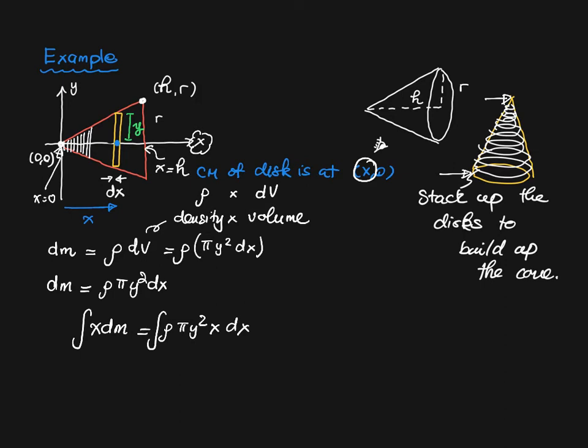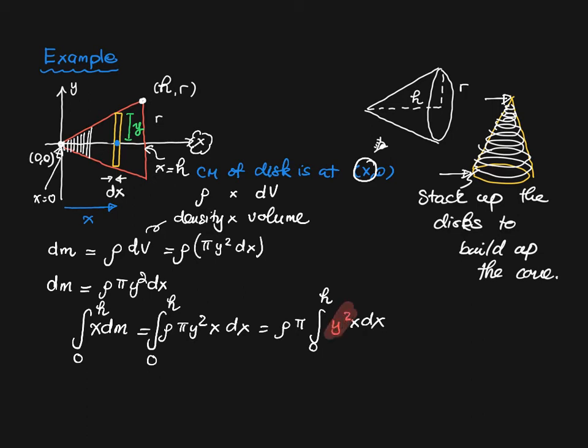So we are going to integrate this from 0 to h. And then we can bring out the constant from the integral. So we have rho pi outside the integral, and we have y squared x dx.